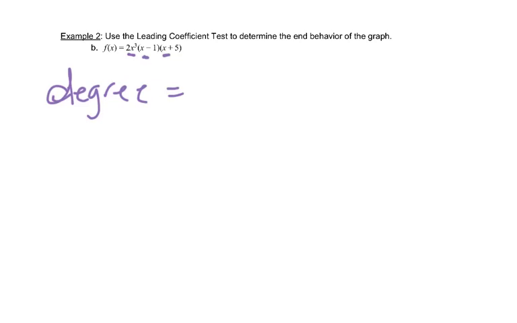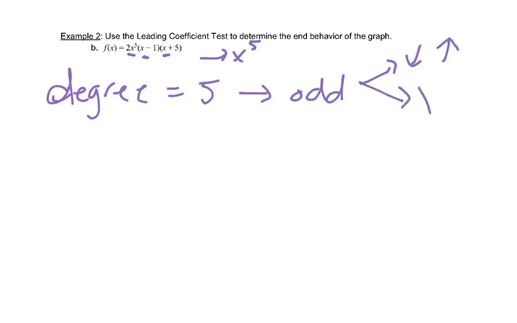And if we took an x to the third and we multiplied it by 2 more x's, we would get x to the fifth. So my degree is 5, which is odd. And that odd tells me the ends are going to do something different. So the ends are either going to go like this, or the ends are going to go like that.